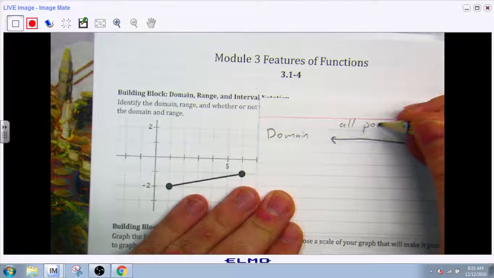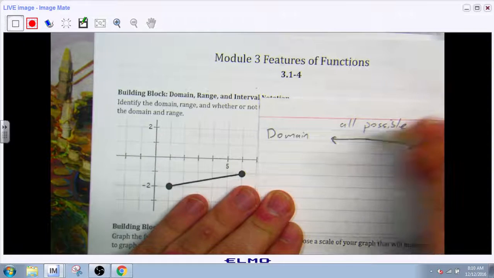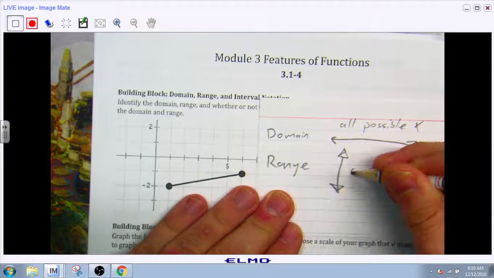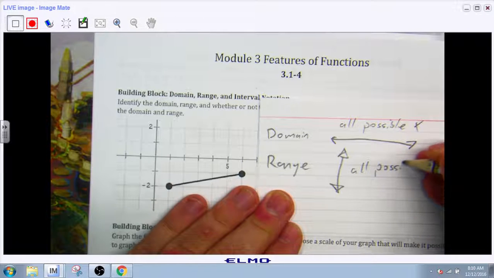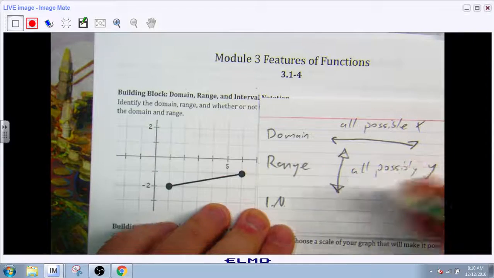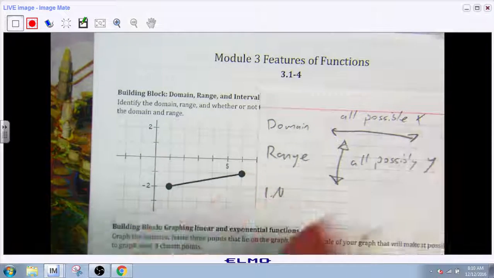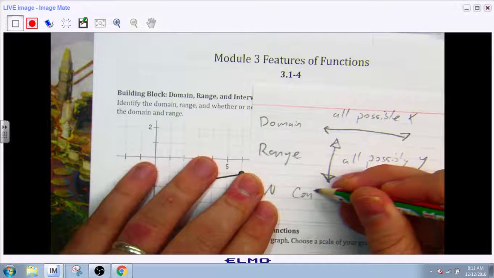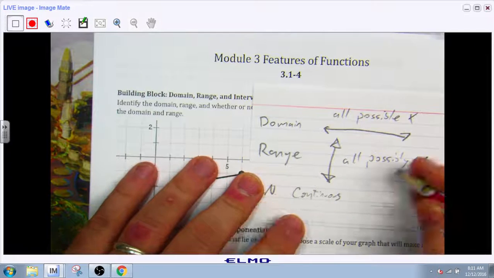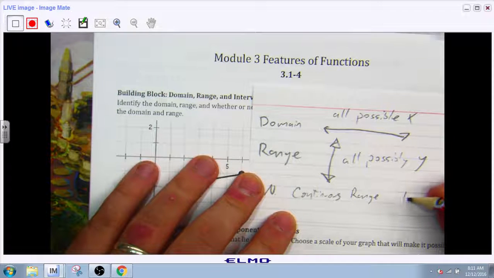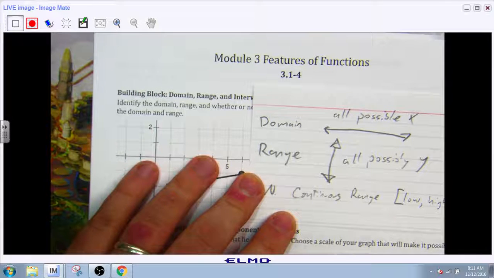All possible x values. The range is all possible y values. And then interval notation is a way of talking about a continuous, not discrete, range of numbers, where we have the low number, comma, the high number, and then some sort of bracket or parentheses to let us know what it is.